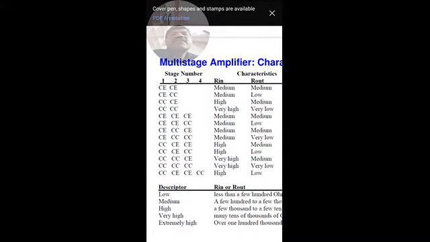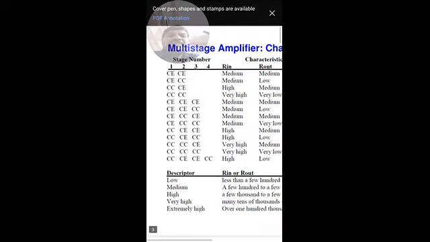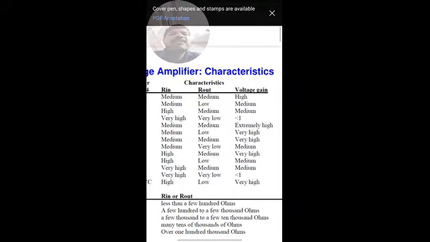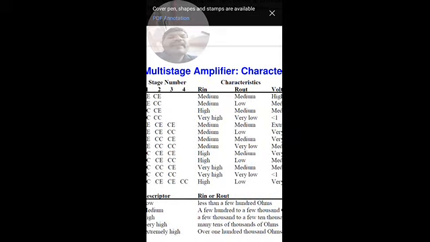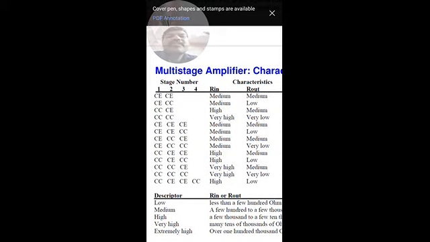In the multi-stage amplifier, with the number of stages 1, 2, 3 and 4, the important characteristics are input resistance, output resistance and voltage gain. We'll consider these characteristics according to the stages.